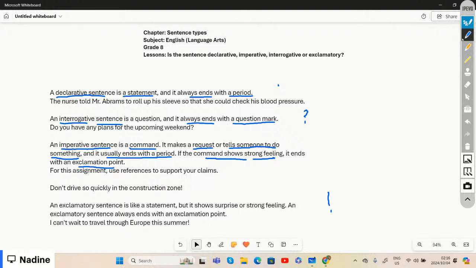And then we have an interrogative sentence, which is a question, and it always ends with a question mark. Any question that is being asked ends with a question mark. Even if you don't put the question mark there, your tone will show that this is a question.